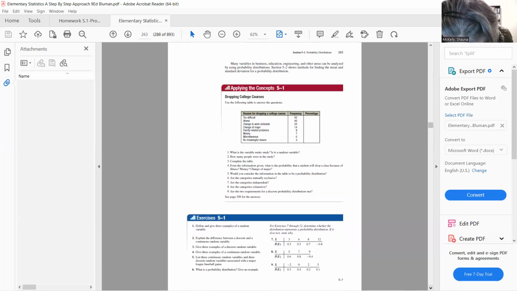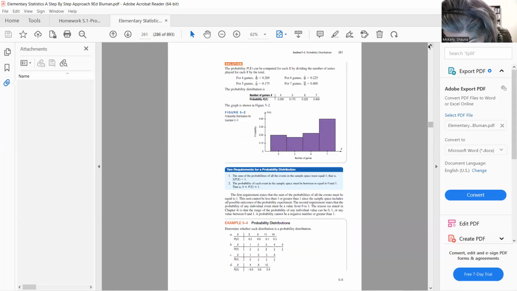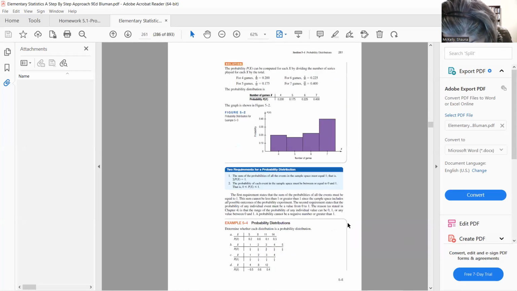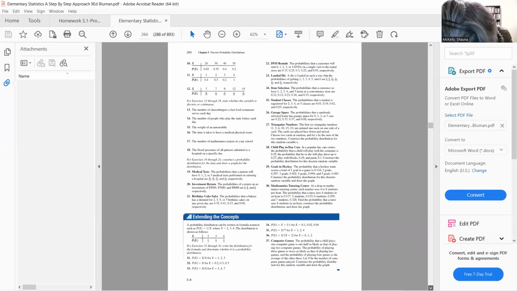Okay, there's my book. Here's my exercises.